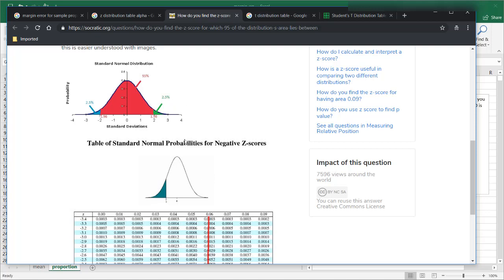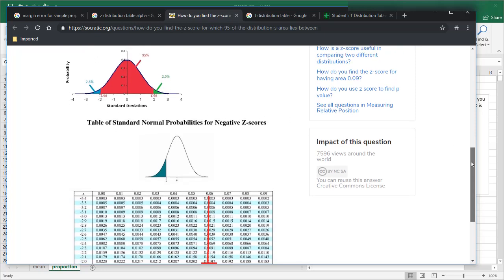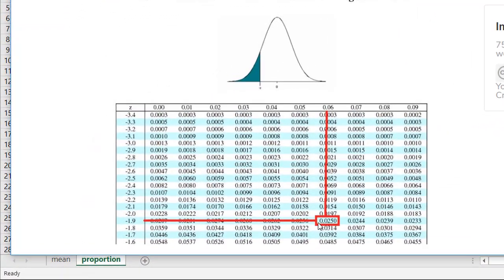In this particular table, it gives us the 0.025. So if I go down here and I'm trying to find 0.025, you can see it's the intersection at 1.96, right? It's giving us the left tail, 1.96. So that's the z-score that we find.